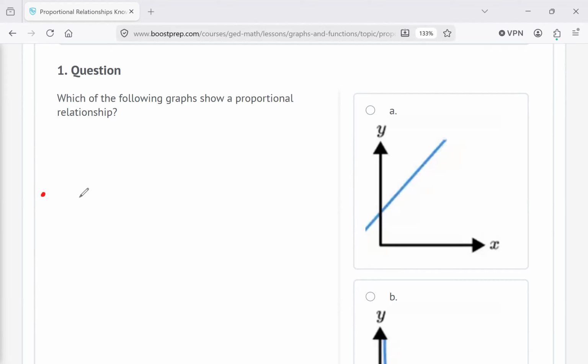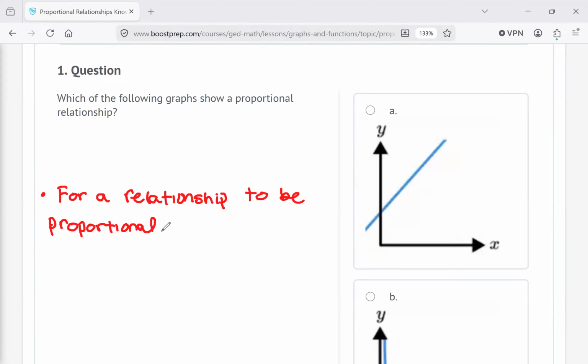The last note is: for a relation to be proportional, the ratio must remain the same.